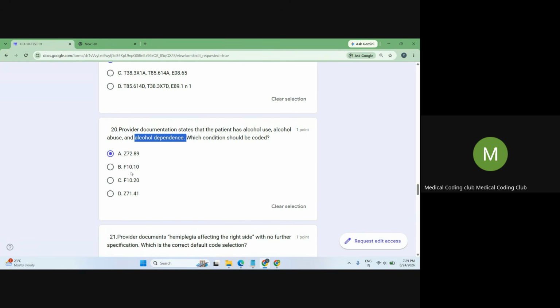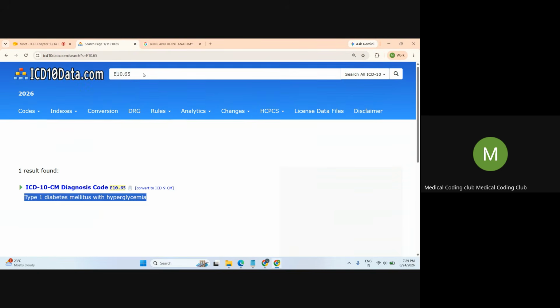So check the code F10.10 and F10.20. F10.20 says alcohol dependence, and this F10.20 will be coded.